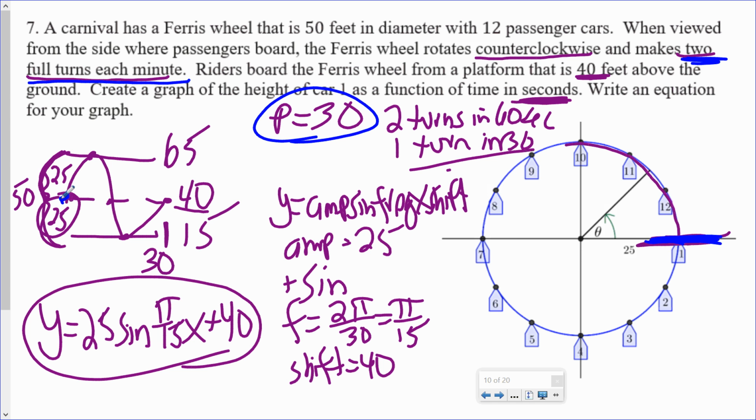Made it start at the midline because it said it was going counterclockwise or going up first, which made it a positive sine. The diameter was 50 feet, so the diameter is the distance from the max to the min. The amplitude is half of that. That made the amplitude 25. So I added 25 and subtracted 25 to get the max and the min. And from there, I put it all together.